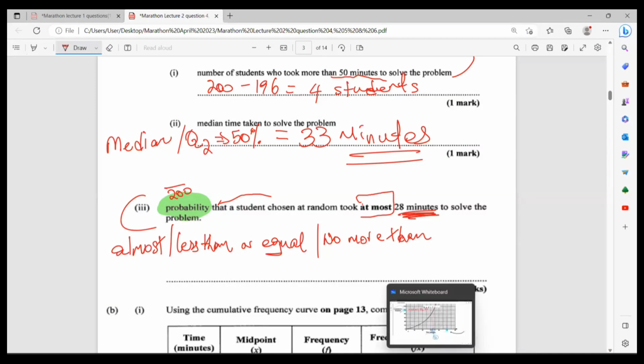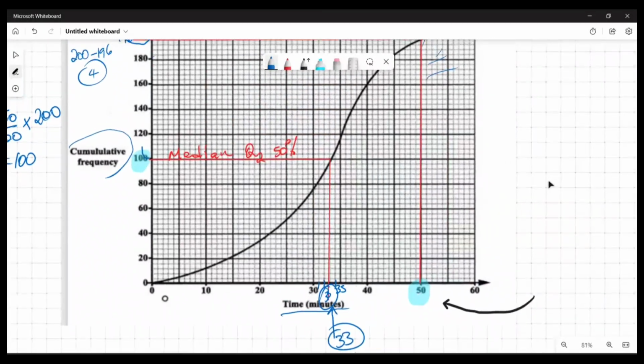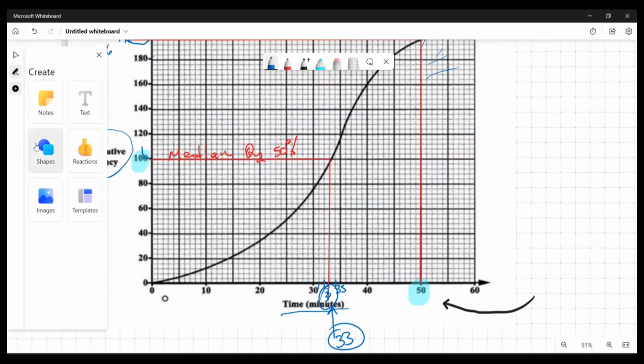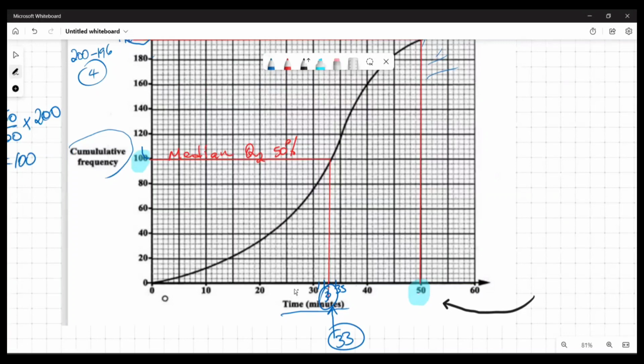Because you can get carried away with the working out. For example, watch this. 28 minutes we're working on. I'll take up my 28. So I'm going to find 28 now. Watch me. You go to your graph. You take out your ruler. Find your 28. So you know where 28 is by now. 25, 26, 27, 28 is right here.